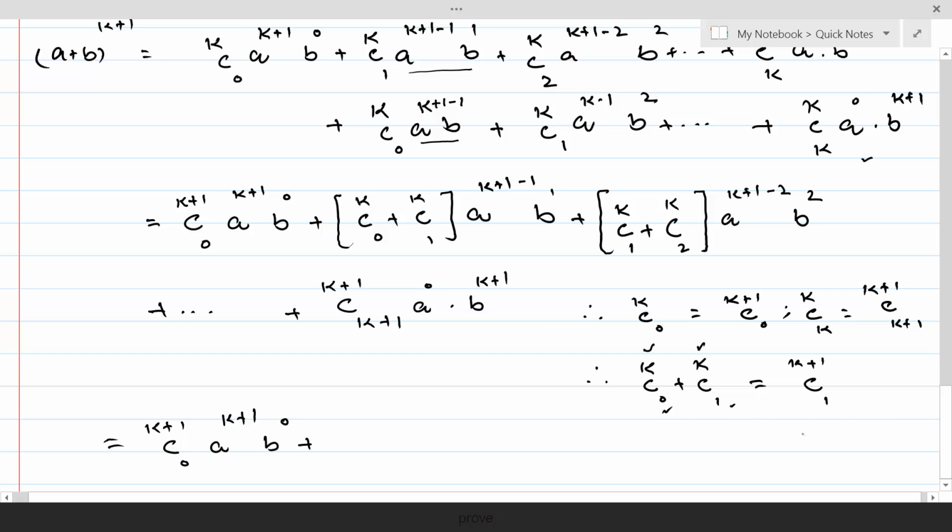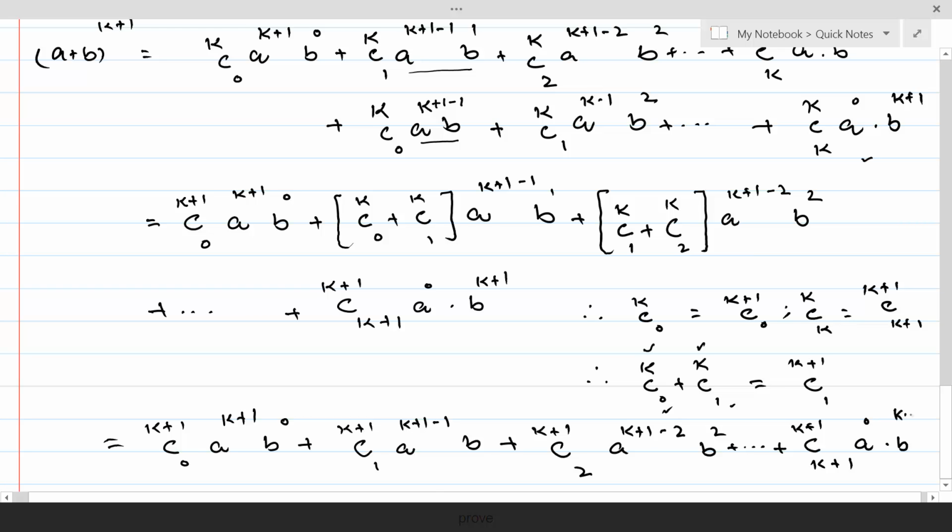So using that result from the combinations, we can write this as (k plus 1)C1 a^(k plus 1 minus 1) b, plus, for the same reason, (k plus 1)C2 a^(k plus 1 minus 2) b^2, plus so on, and then the last term is the same as (k plus 1)C(k plus 1) a^0 b^(k plus 1).